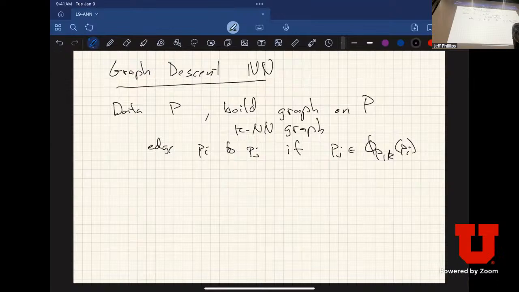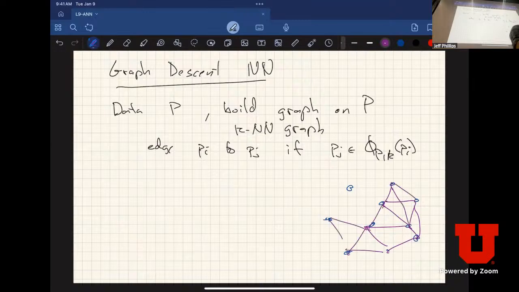Think of it as a picture: I've got some data set P, and for every data point, I'm going to connect it to its nearest neighbors. I don't know what K is here, maybe 3. It's not necessarily a planar graph, but think of doing this in high dimensions.